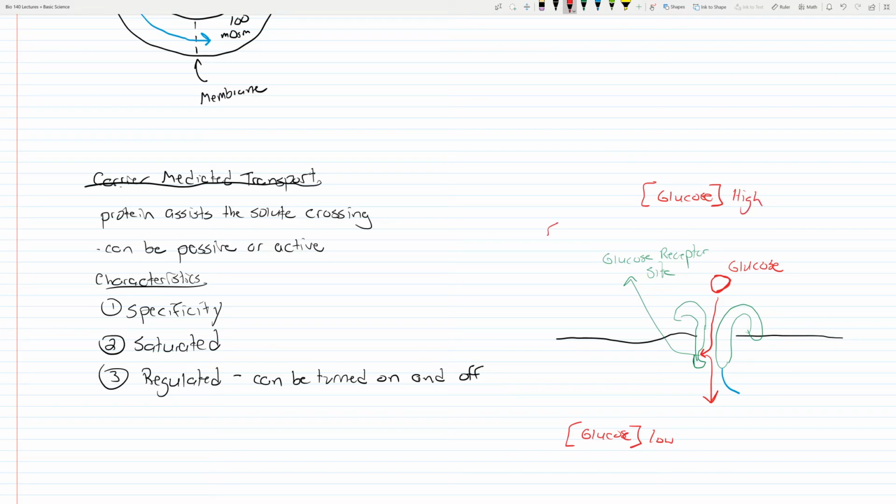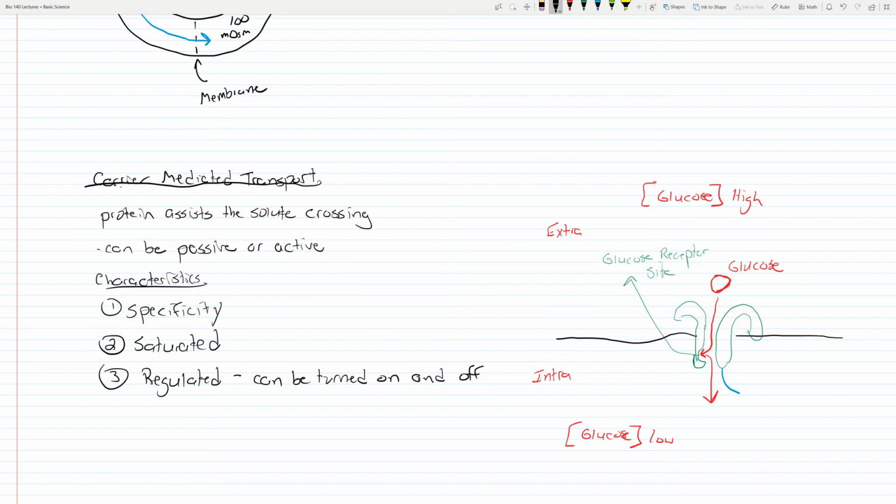So this is extracellular, this is intracellular. The glucose level is high on the outside of the cell and low inside of the cell. This is going to naturally pass through, and we really don't need to expend any energy because it's going to get the energy from the environment, the natural movement of the molecules.